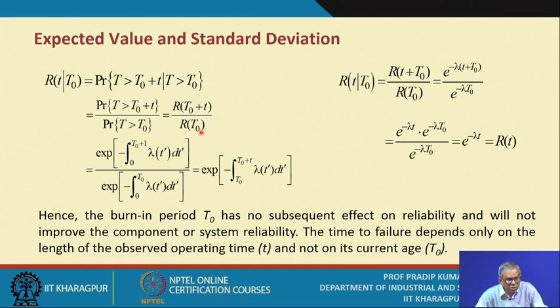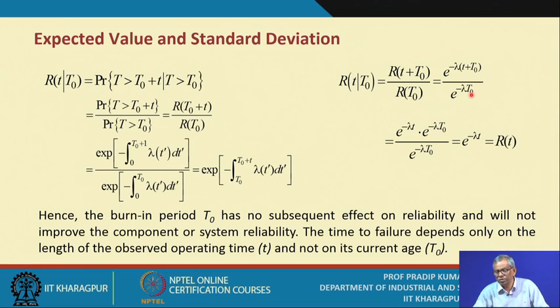Similarly, you have computed this: R(t) is the reliability at T plus T0, R of T plus T0 divided by R of T0. So it is e to the power minus lambda (T plus T0) divided by e to the power minus lambda T0. Is it okay?